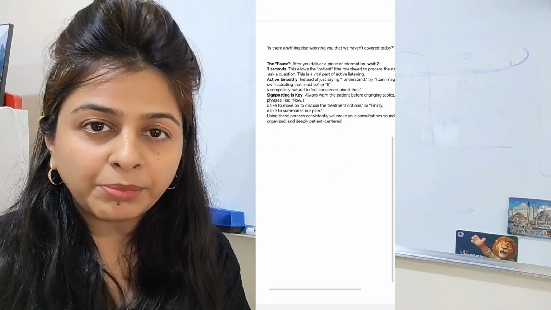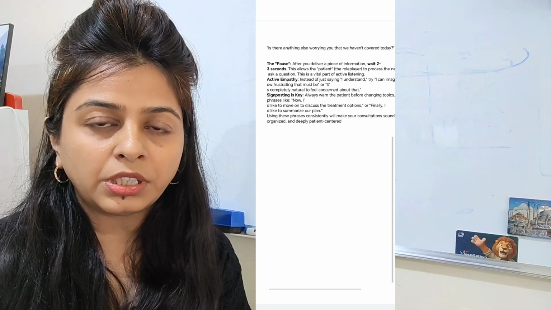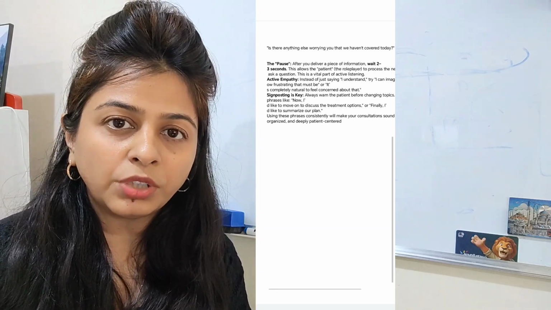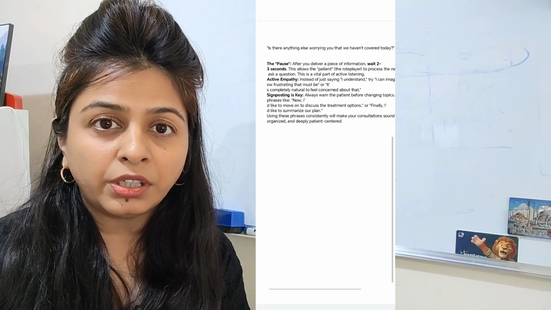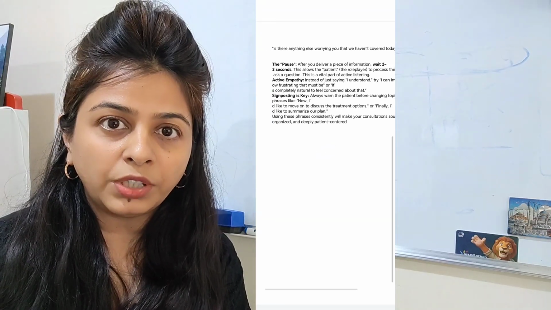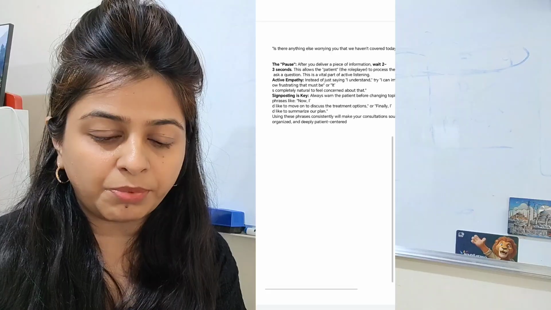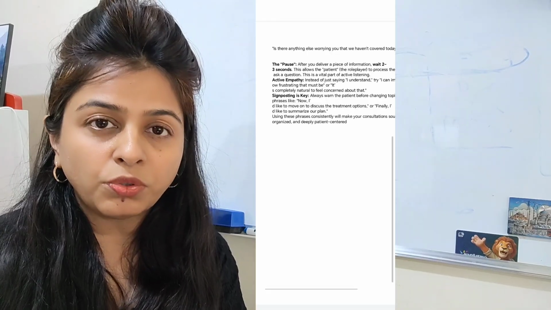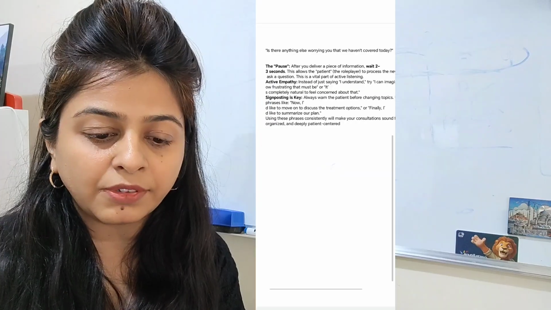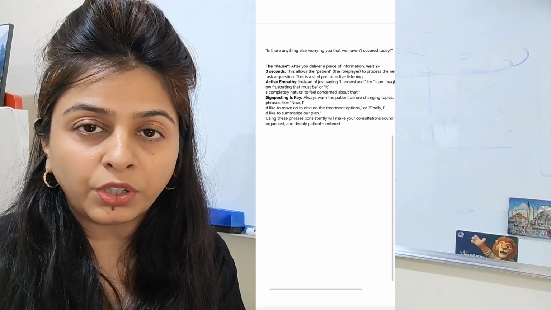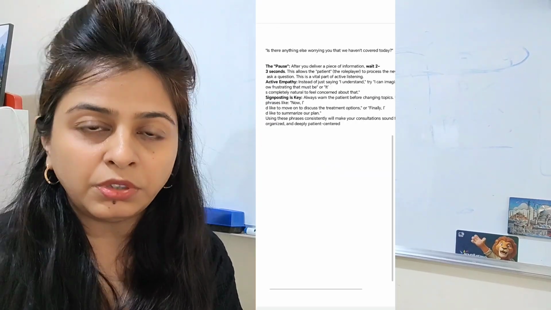The role player gives some information, and maybe you have missed some. So when you ask this question, they will give you the information you missed. So this is very important to use in every communication task. This line: is there anything else worrying you that we haven't covered today? Whatever was missed by you, they will tell you.